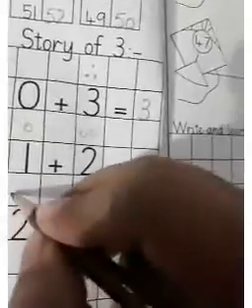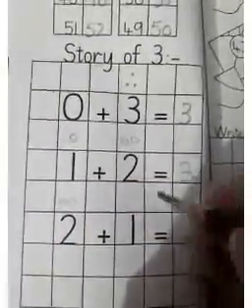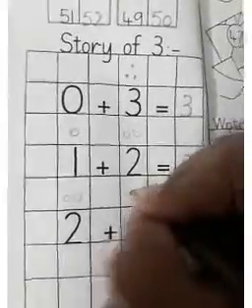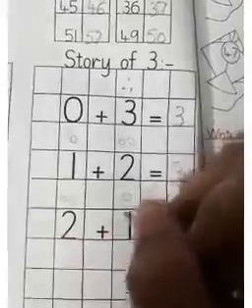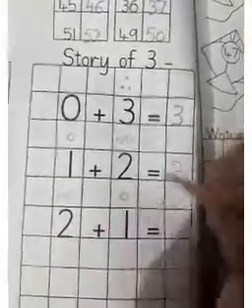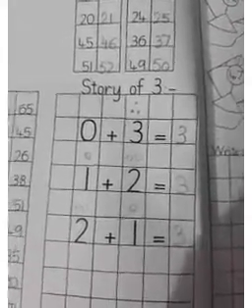Now we will have 2 here, so we will draw 2 dots here, and then again 1 dot over here. So 1, 2, 3. So 2 plus 1 is again 3. So this is the work of the workbook, story of 3.